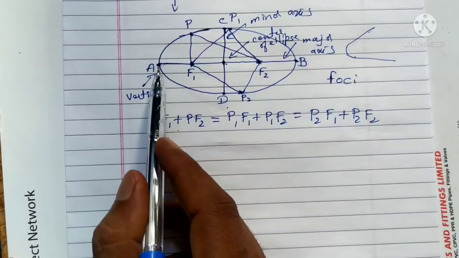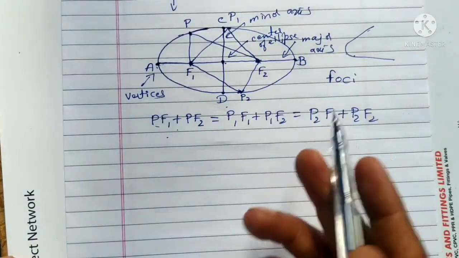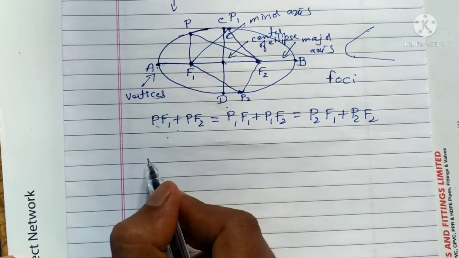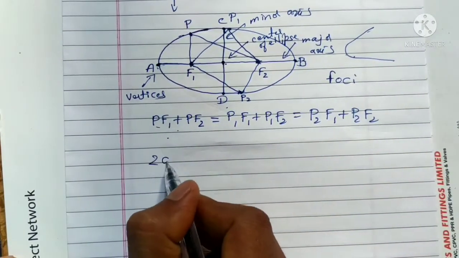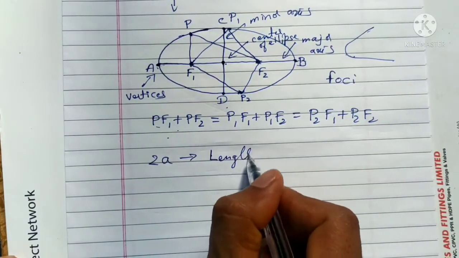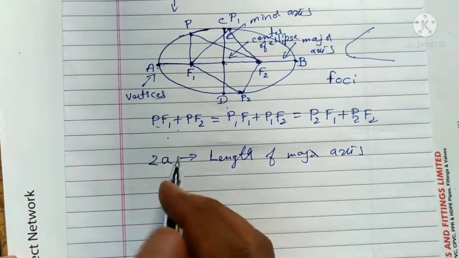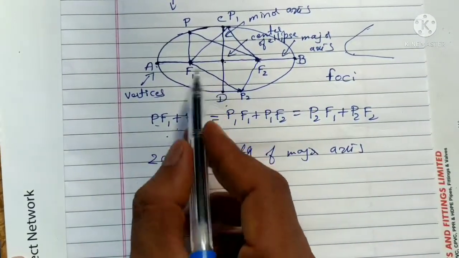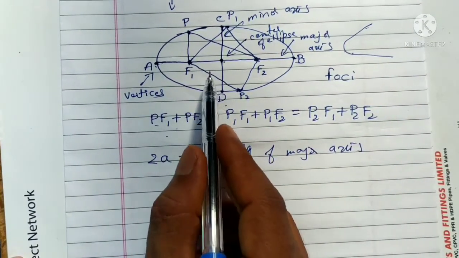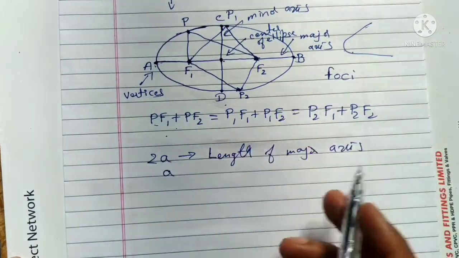Now, if A and B are end points of a line, then it has a particular length, and for different ellipses there are different measurements. We denote the length of the major axis by 2a, and half of the major axis is the semi-major axis, which is equal to a.